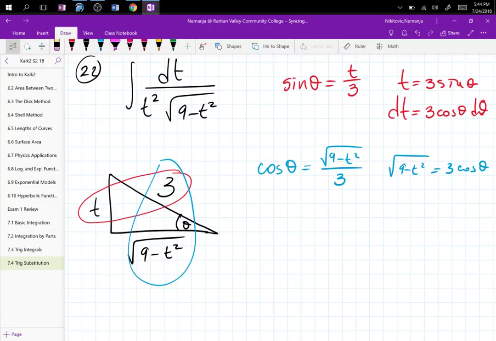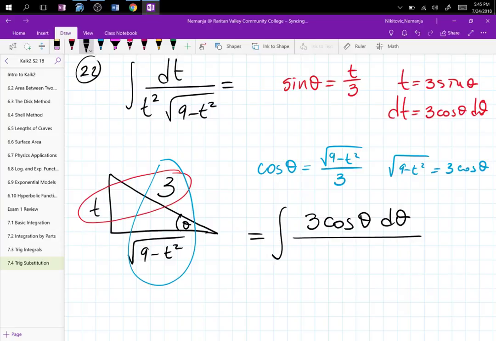So now I have everything in order. I can do the substitution. So the integral now is equal to the integral. Instead of dt, I have 3 cosine theta d theta divided by t squared.